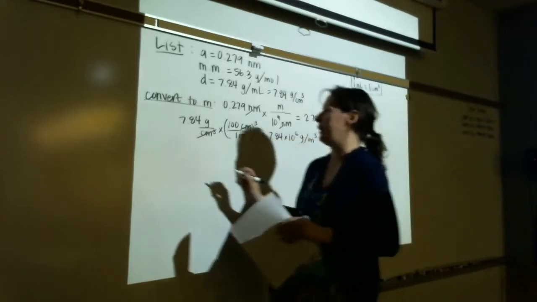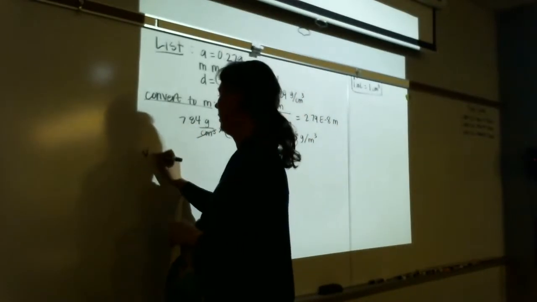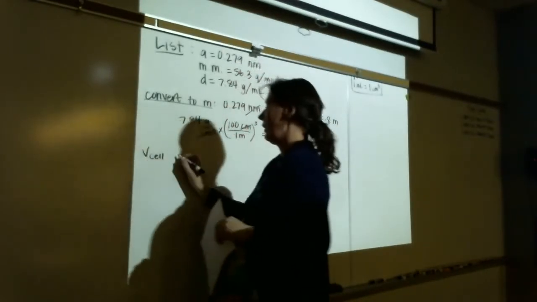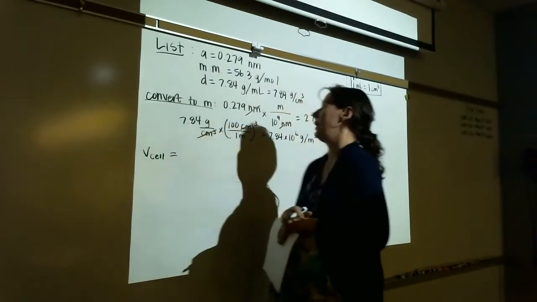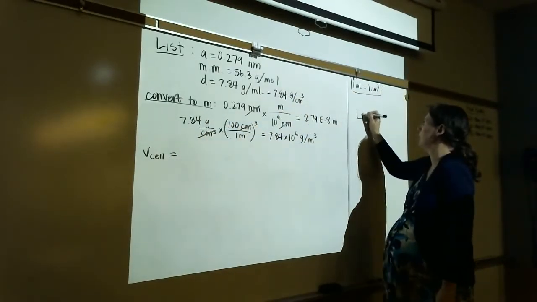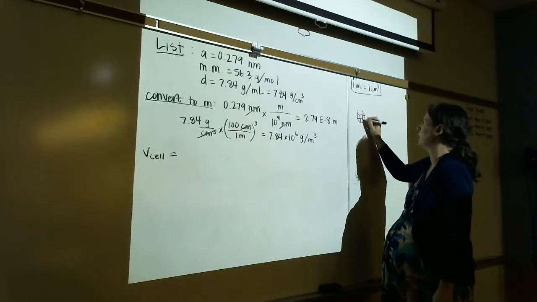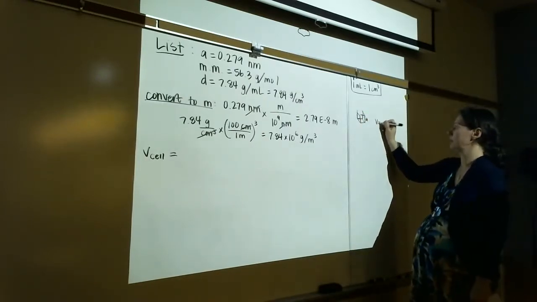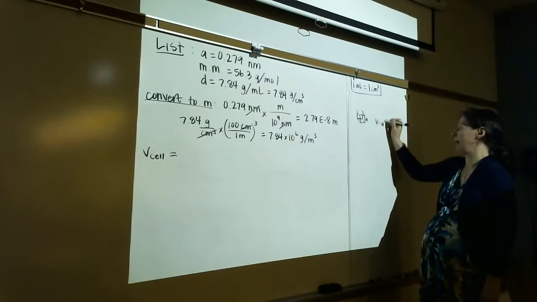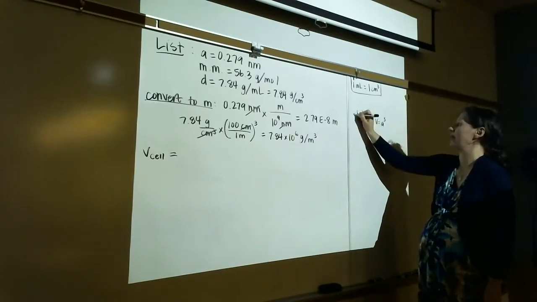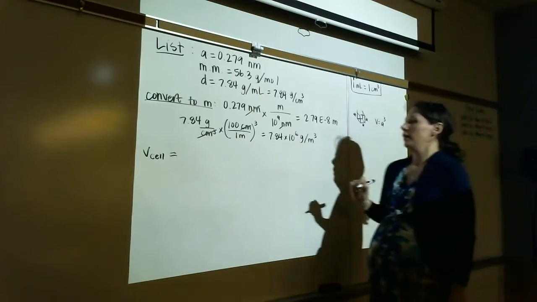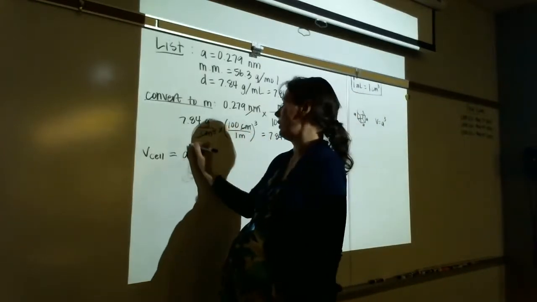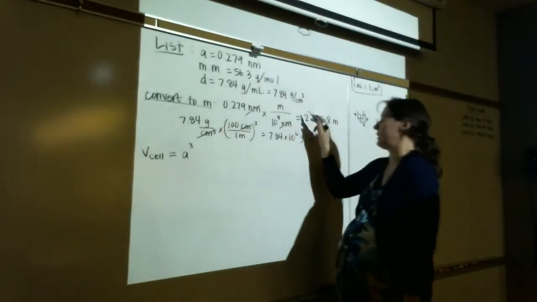All right, now we're going to calculate the volume of a cell. If this is a cube, how do I get the volume of the cube? A cubed, right? Because the edges are all the same. So this would be A cubed. Which one of these is A?